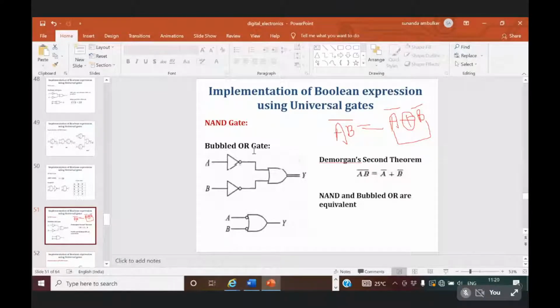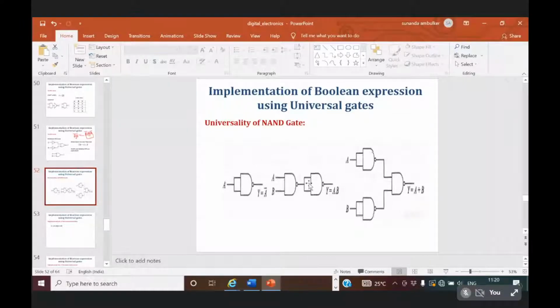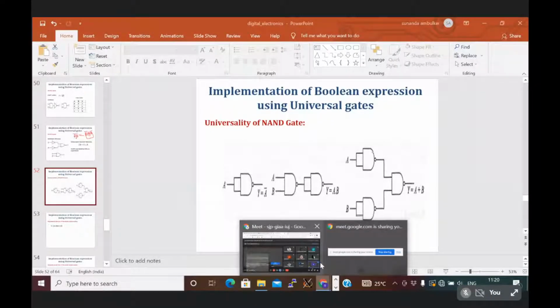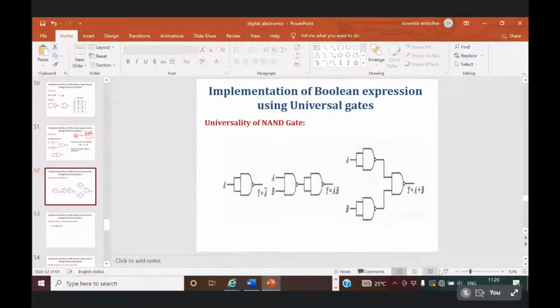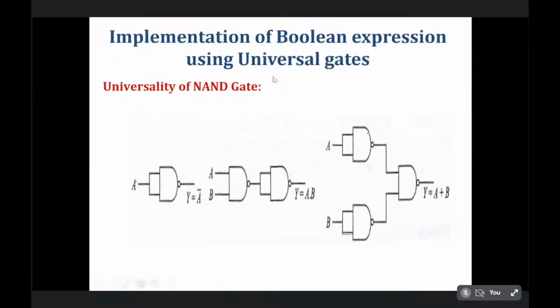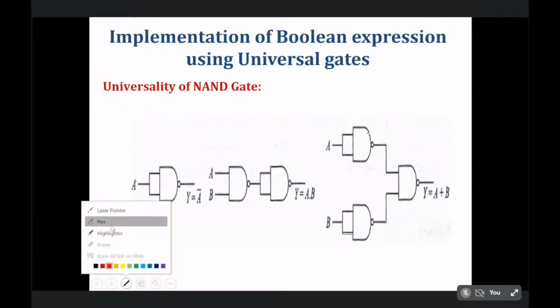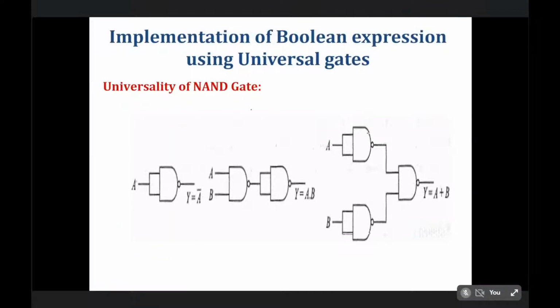Now we will see how the NAND gate behaves as a universal gate, by applying De Morgan's theorem.